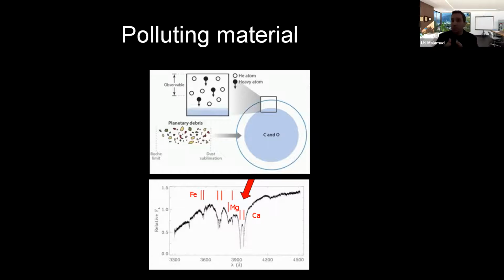So you're not supposed to see all these elements there. The probability to do so is very low, unless you have ongoing accretion mediated by a disk. So as long as the disk lives and there is accretion, you get a replenishment of all of these high mass elements, and you see them in the spectra of the star.